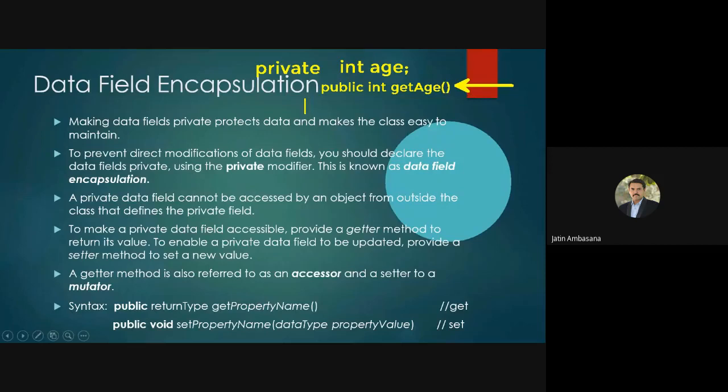And to set it, we will have public void. A setter method does not return anything. So we say public void setAge, and inside it we pass some variable or parameter. Passing this parameter allows us to set the private variable age's value.